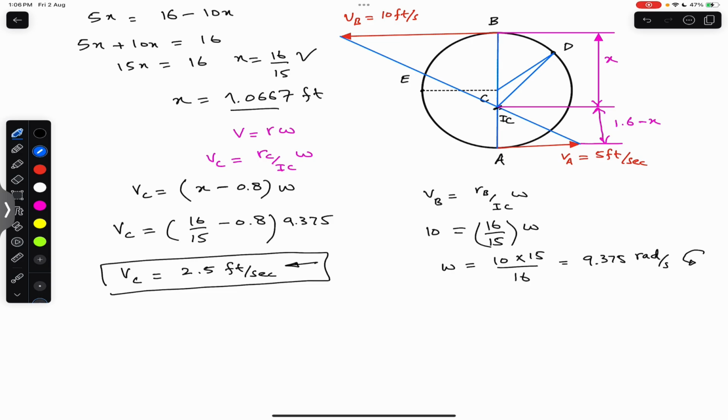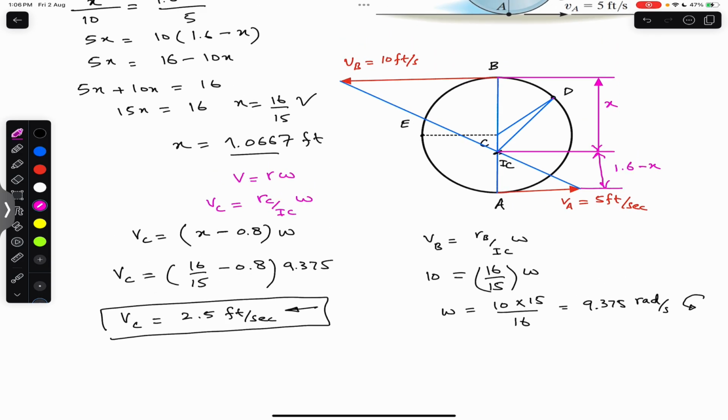So we can say that the velocity of point D is like this, and it is not tangent to the circumference of the circle. It is making 90 degrees with that line which is joining point D and the instantaneous center. Now we know that this length is 0.8, which is the radius. So this is 0.8 feet.